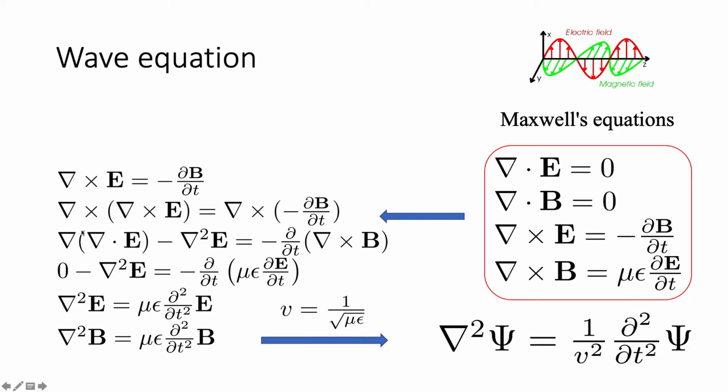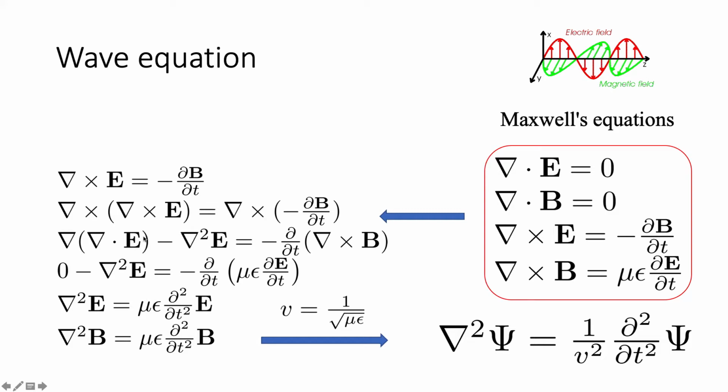Let's look at the second, the third, and the fourth row. The curl of a vector field here equals the gradient of the divergence of the vector field minus the Laplacian, this part.